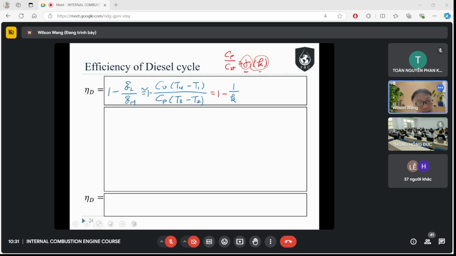Here I can take the T1 out, so it becomes T4 by T1 minus 1. And here I take the T2 out, so I have T3 by T2 minus 1.